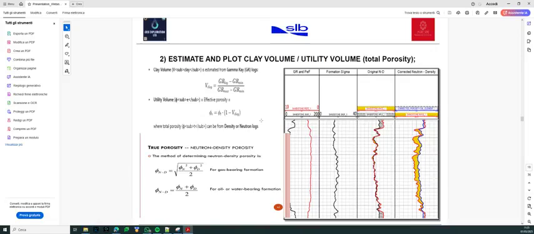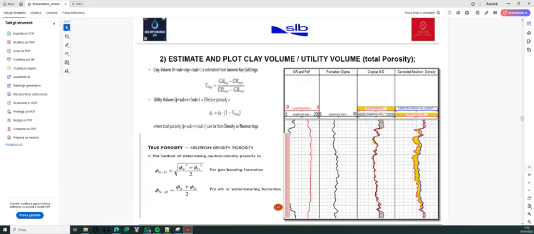That is really essential to reconstruct the history of the reservoir, to make predictions about the reservoir volume, and also to calculate the true porosity, the total porosity.